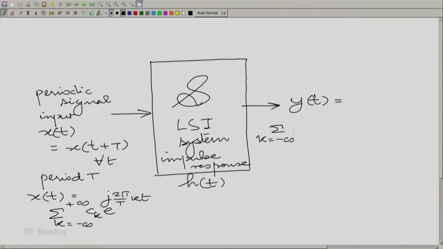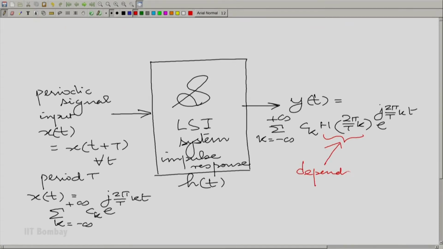Now, the output can also be written as a Fourier series, and the interesting thing is the output has a quantity that depends on the impulse response, which I am now writing down here. This is the quantity that depends on the impulse response, and in fact we know what that quantity is. The quantity is obtained like this.